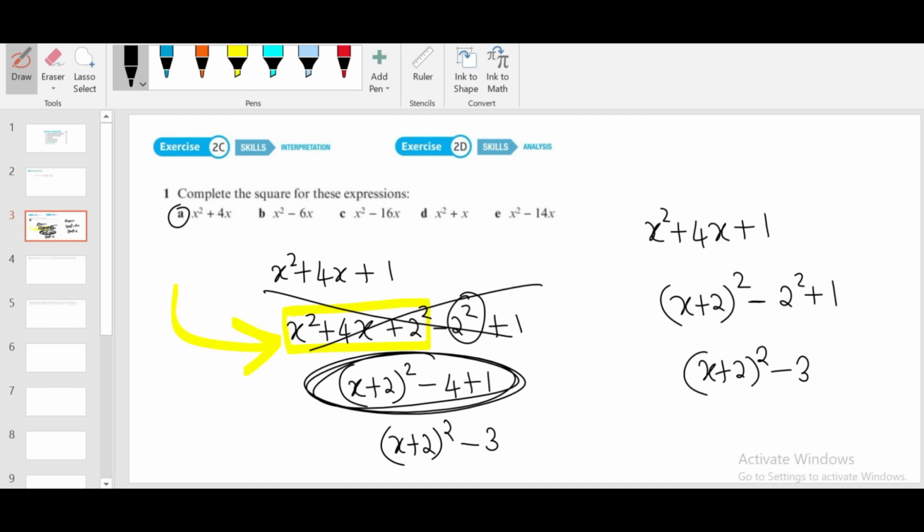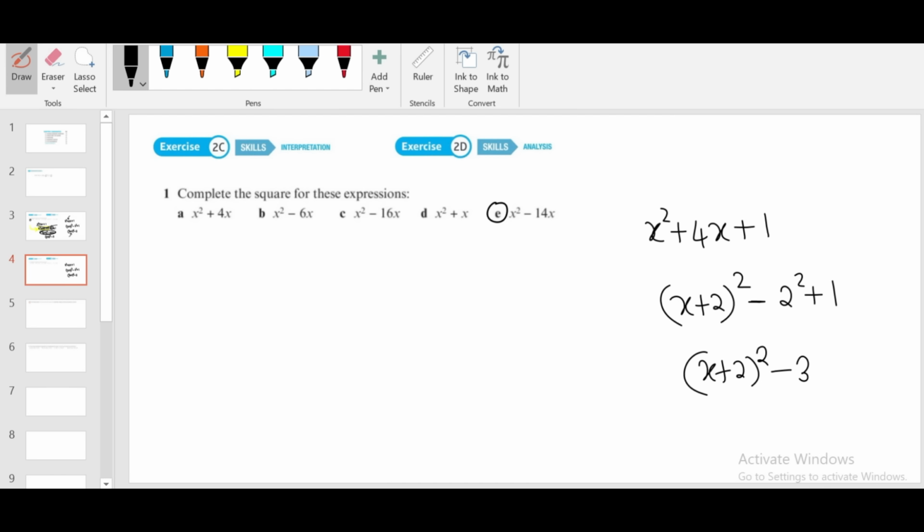But remember this, when you have a negative number here, you need to have x minus 2. For example, let me show you E. Let's say you have x square minus 14x, no number. So I'm going to use the shortcut method. The coefficient of x is minus 14, half of it is minus 7.